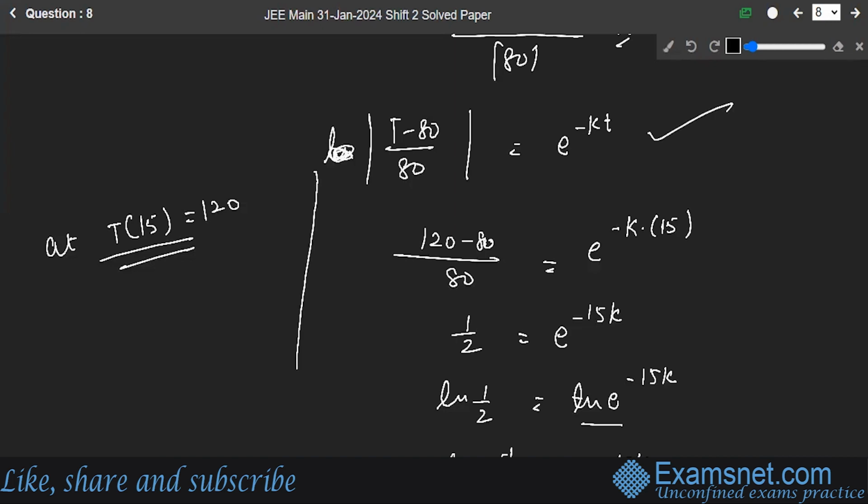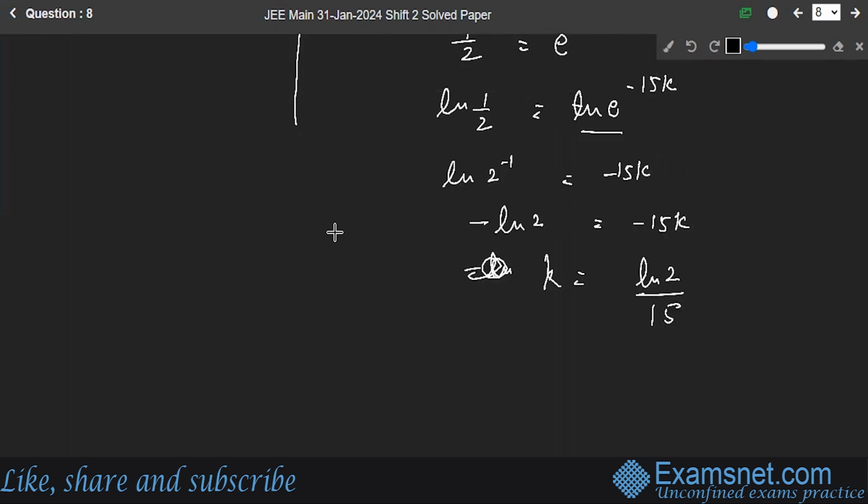Now this equation will become, I got the values. This was T minus 80 divided by 80 is equal to e raised to power minus kt, which is equal to K's value.